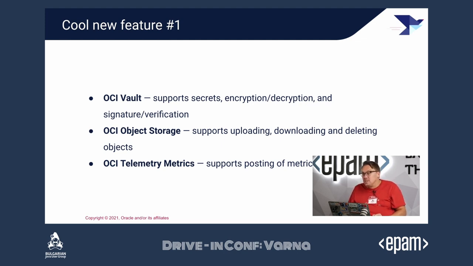Whenever you want to use these services, we provide a native client for that. That means that no third-party libraries are used. It's directly built into Helidon, and your security team will be glad that there are no other third-party libraries. So it's very clean, and you will be able to use it directly out of the box.